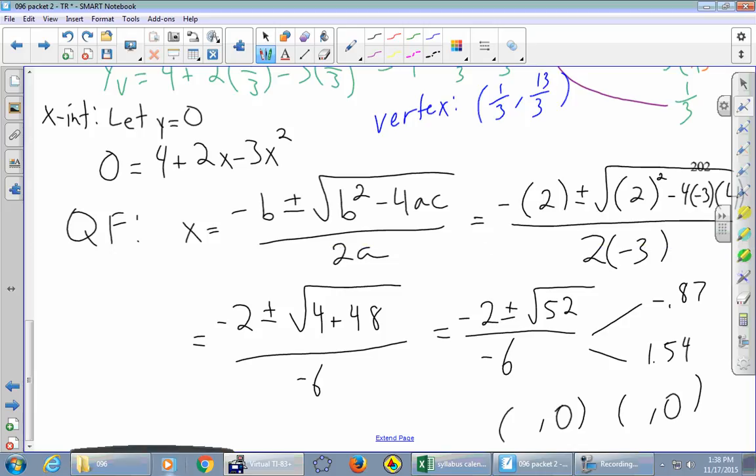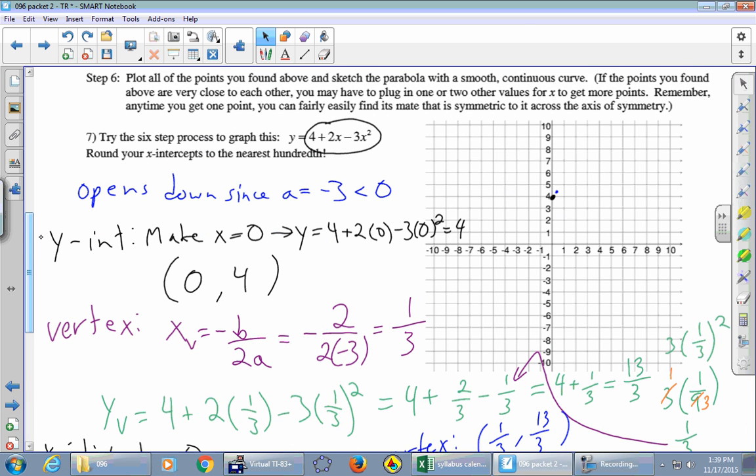So 0 is the y, and then these two numbers, -0.87 and 1.54. Okay, so now we're just approximating these points on the graph, so plotting those 2 points, -0.87 and then 1.54.